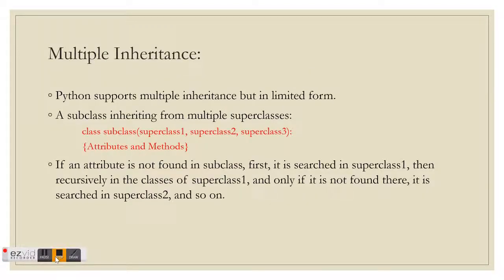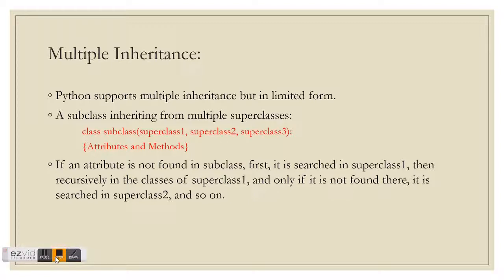And Python also supports multiple inheritance, but in limited form. Multiple inheritance is when we inherit from multiple superclasses in a single subclass. So for example, as you can see, this class subclass is inheriting from 3 superclasses.